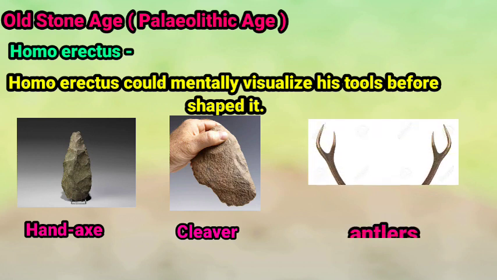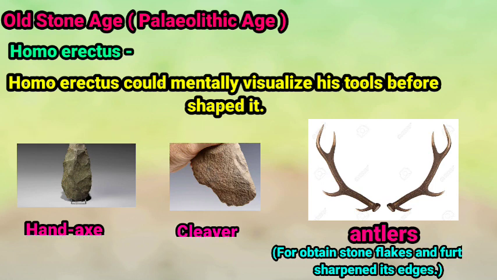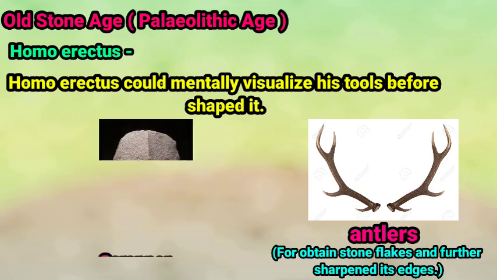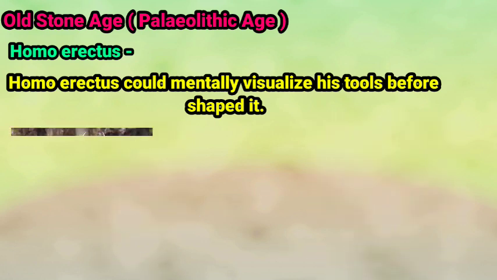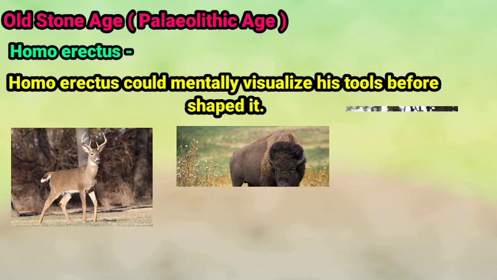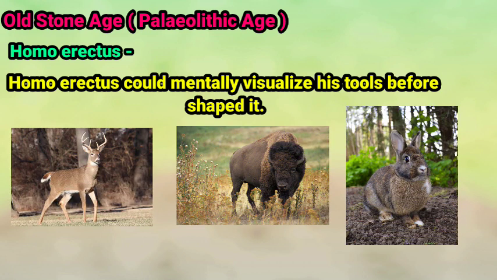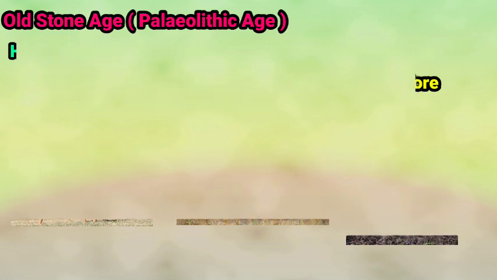He used antler to obtain stone flakes and further sharpened the edge by scraping off smaller pieces to make a scraper with a sharp edge. Homo erectus hunted a variety of big and small animals like deer, bison, rabbit, etc. Thus, he had a greater variety of food. Therefore, he required a greater variety of tools too.